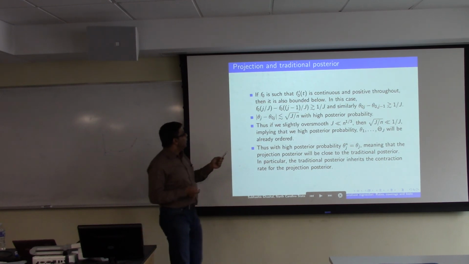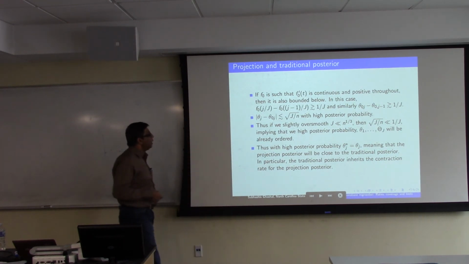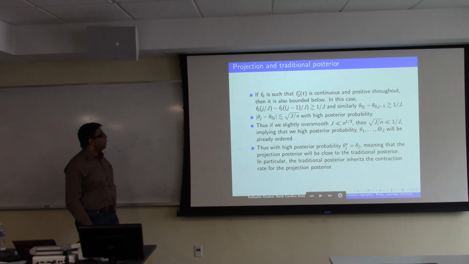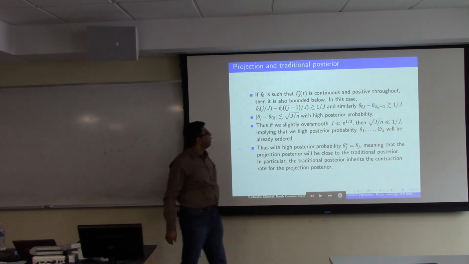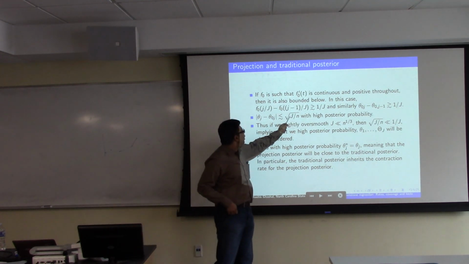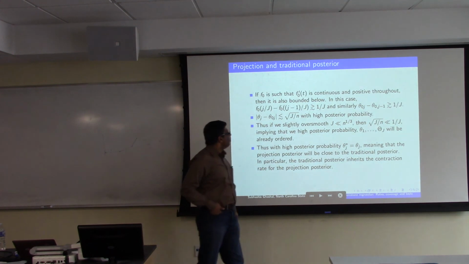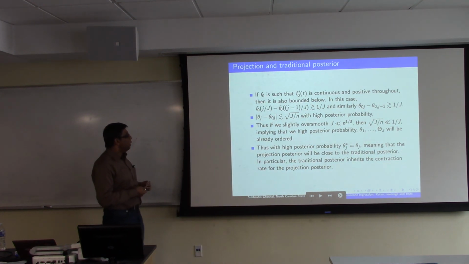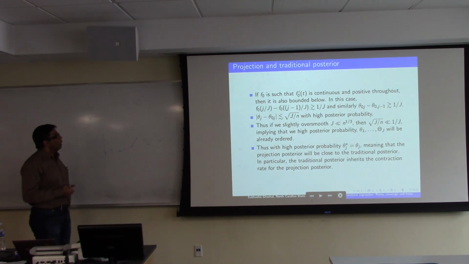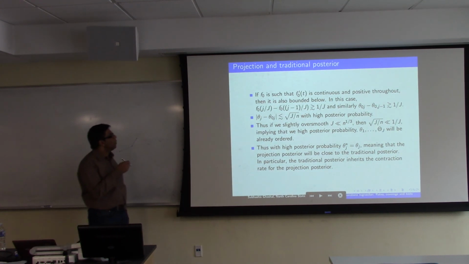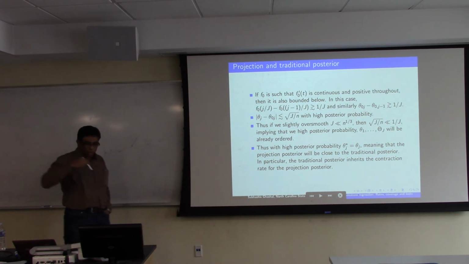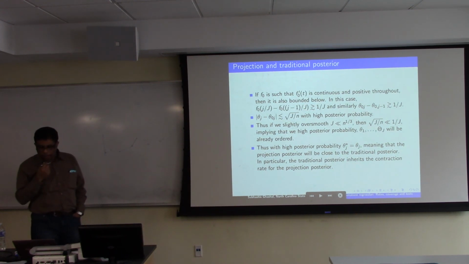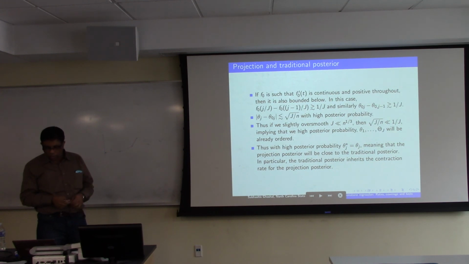For that, what you will need is slight oversmoothing: you need to take J, the number of terms, slightly smaller than the optimum. A log factor will be okay, and then this error will be negligible compared with the natural increment, so you will retain monotonicity. That is the message: under this restriction, if the truth is strictly increasing, then the projection posterior will be close to the traditional posterior.